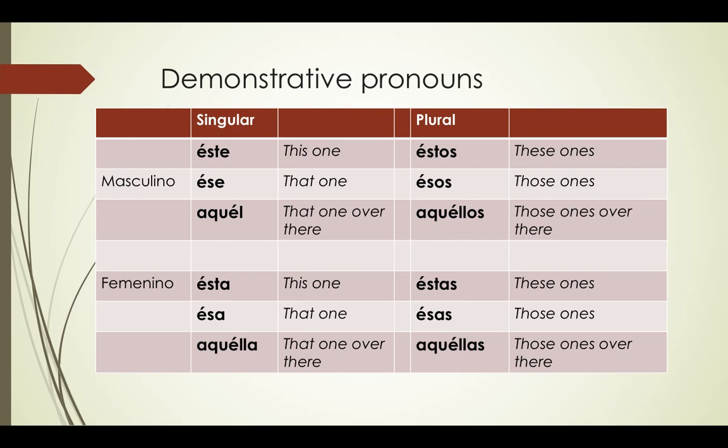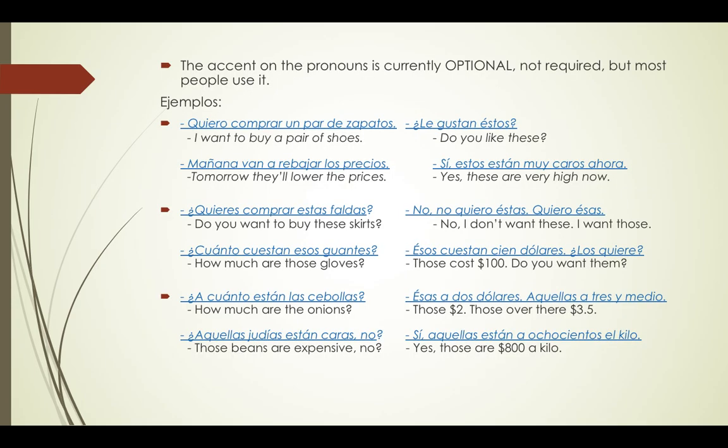Or instead of saying esta camisa, you would just say esta es bonita. This one is pretty. And the accent on the pronouns is currently optional, not required according to the Real Academia de la Lengua. But most people use it to show that it's a pronoun. So it's up to you.